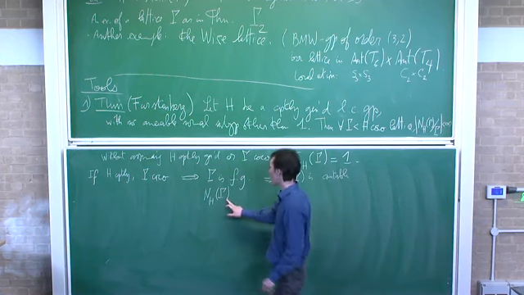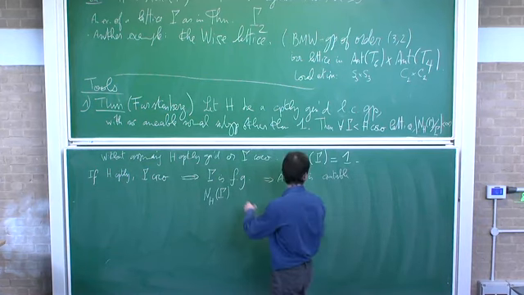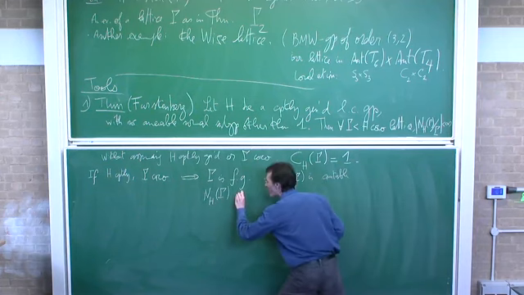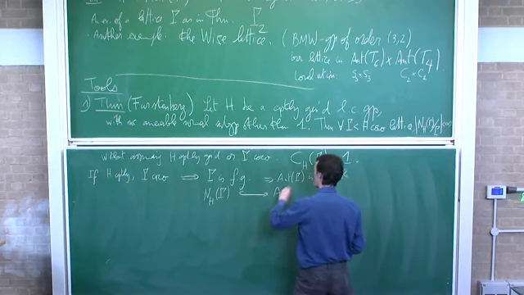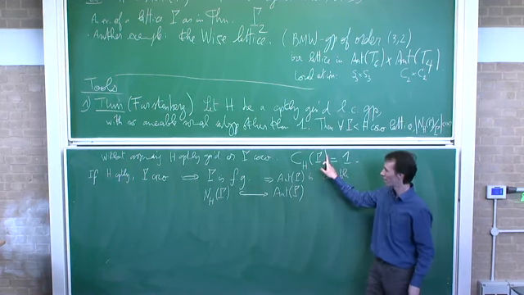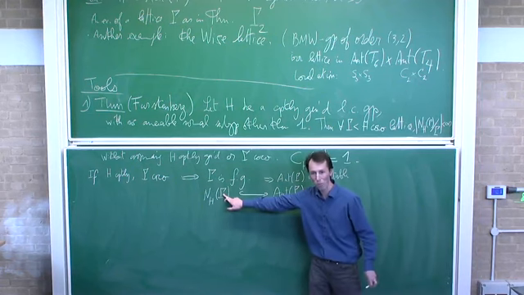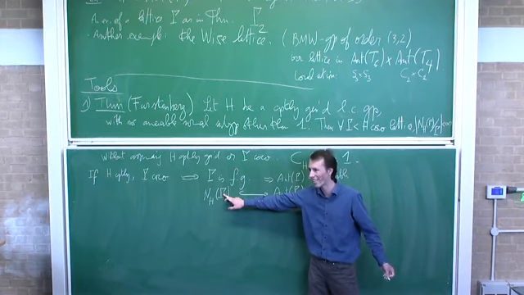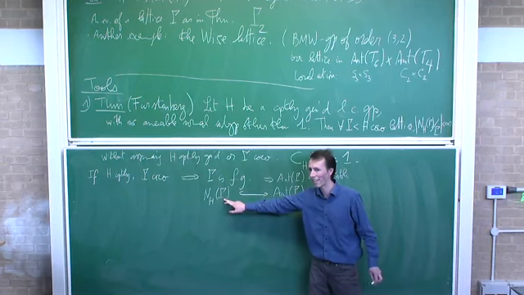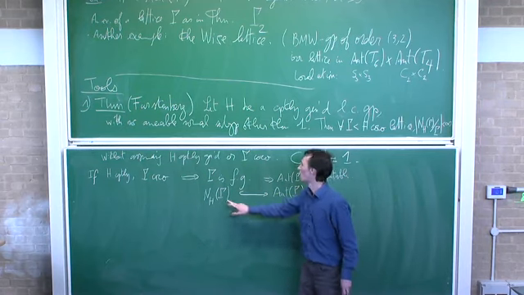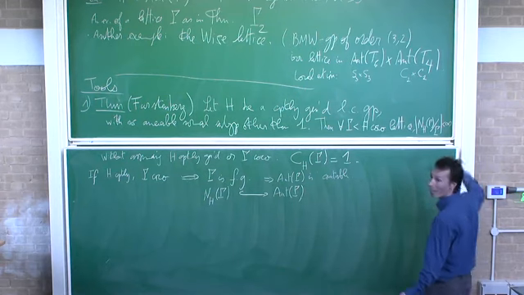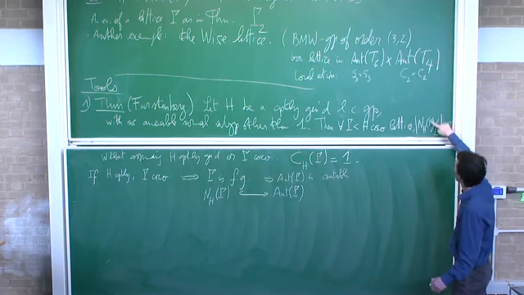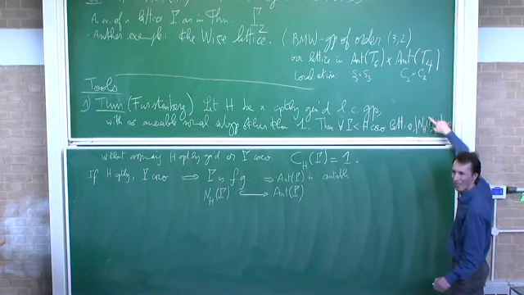Because the centralizer is trivial, this will inject into the automorphism group of gamma. But this is countable, so you get a closed countable subgroup of a locally compact group, and by Baire's theorem, that must be discrete. And so the normalizer also remains a lattice, but then gamma is a lattice in a discrete overgroup, so this index must be finite.